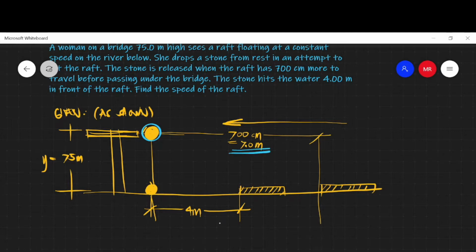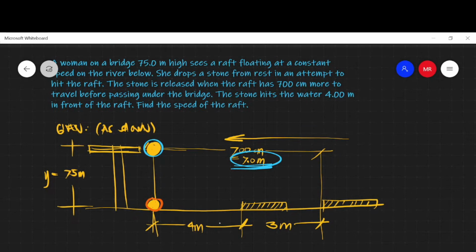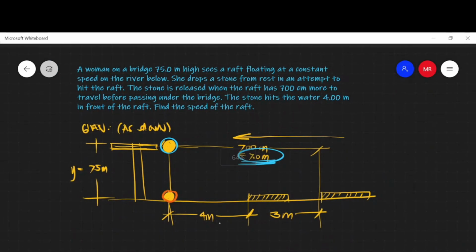Then when the stone is already touching the water, from our illustration, the raft has already traveled a distance of 3 meters, because the total distance is 7 meters. Now, this is our figure, and all our given was already in this figure. So let's try to solve this problem.